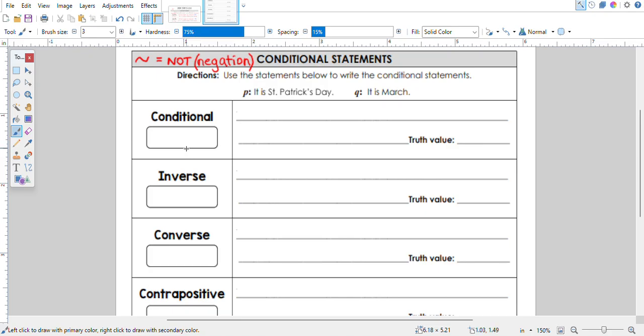The first statement we're going to look at is called a conditional.